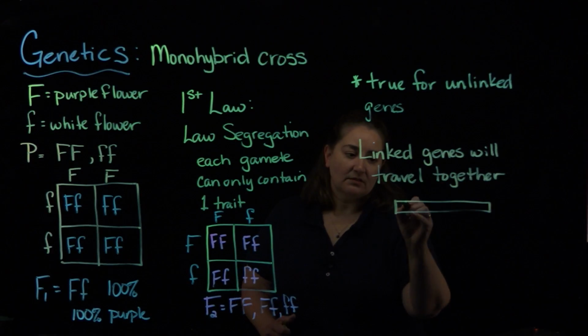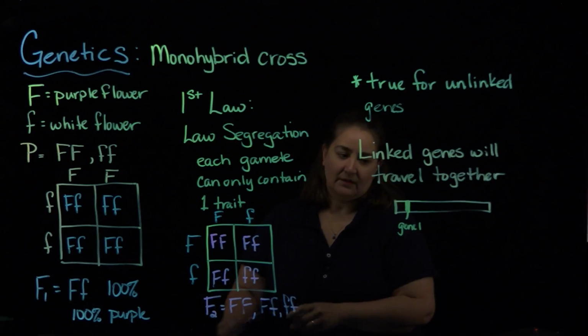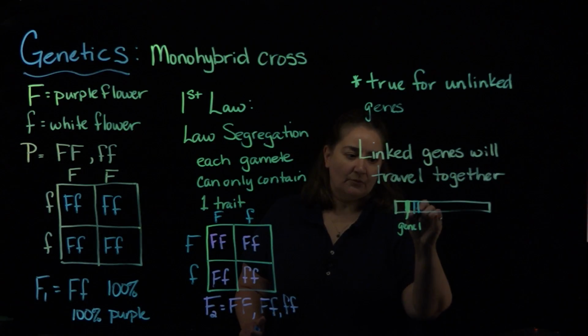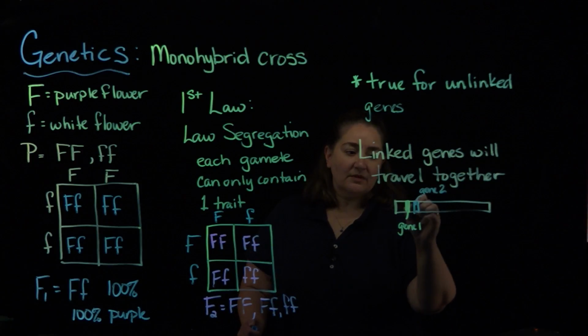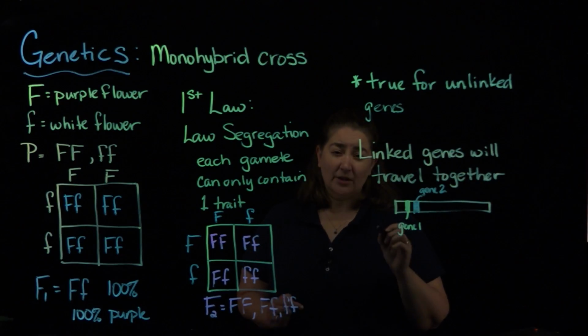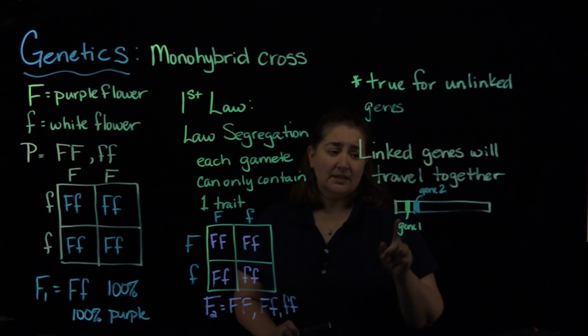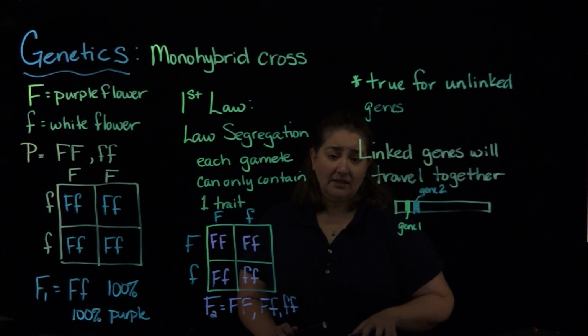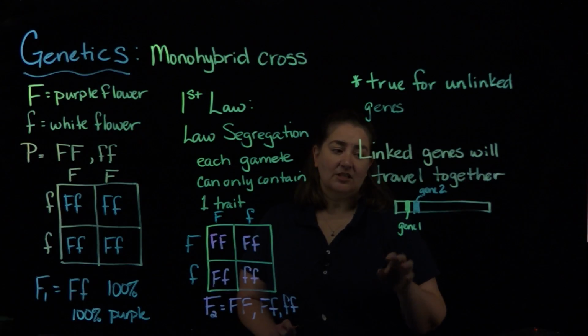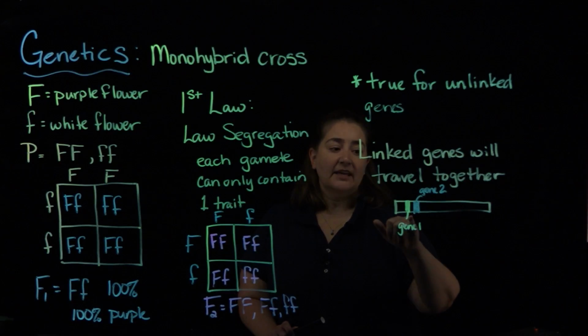We'll call this gene 1, and we'll call this gene 2. They are going to be physically very close on an individual chromosome. Now what ends up happening, and how you can get some odd stuff when you follow linked genes, is if you get any genetic recombination that occurs.